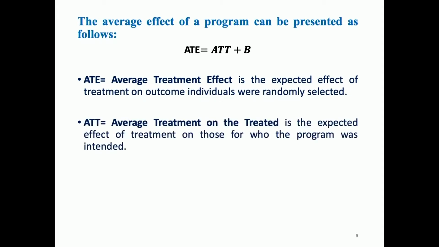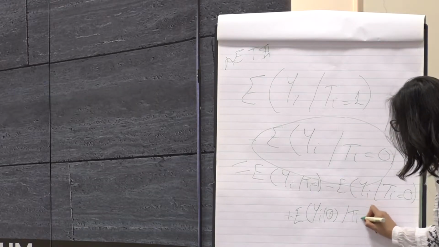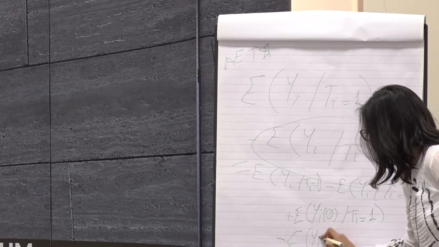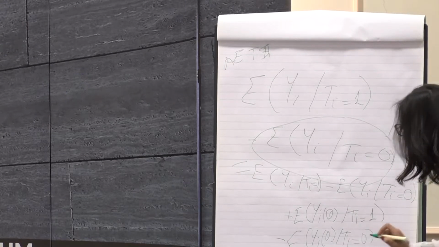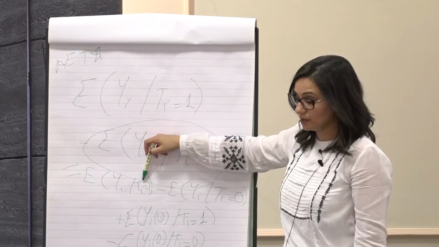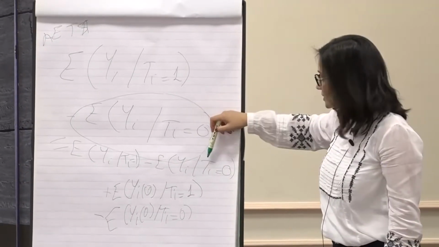But given that there is bias, I add the expected value of the outcome for the person who is not treated and subtract the same thing. So here is the expected value of the outcome of interest for the person who is treated minus the expected value for the person who is not treated.